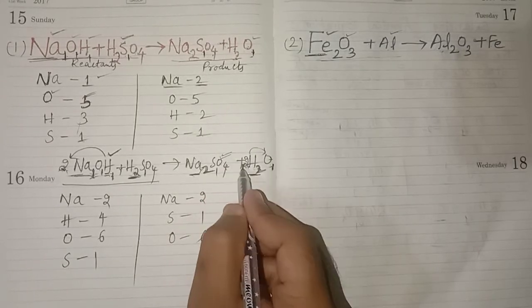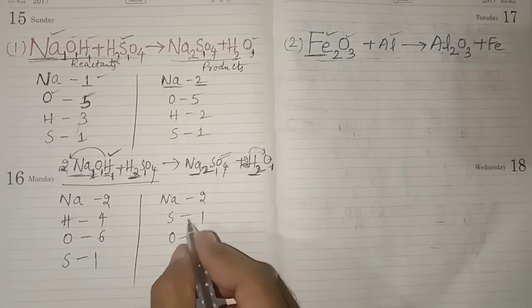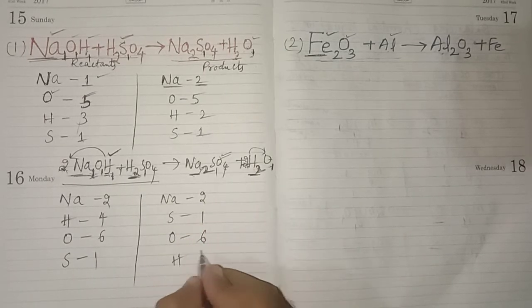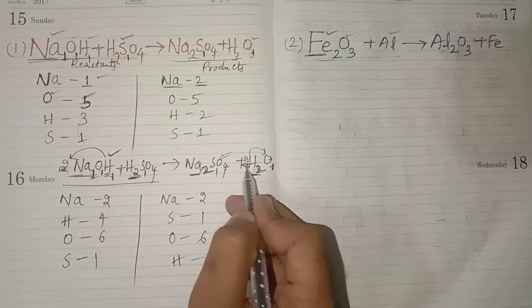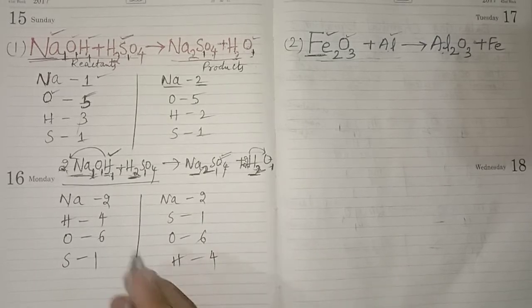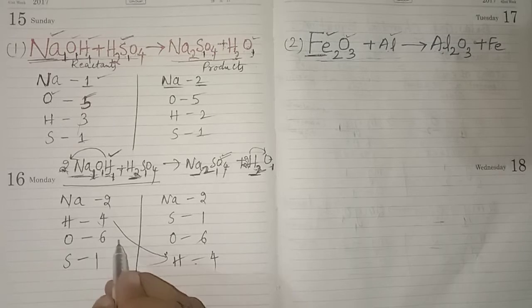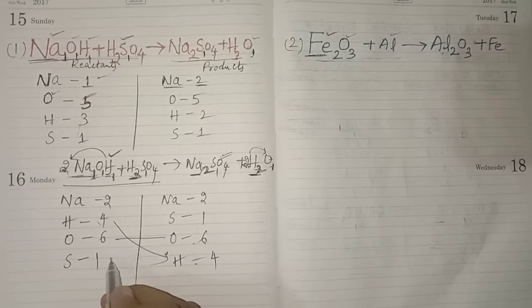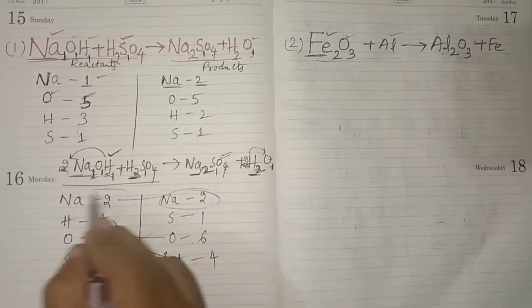So 2 plus 4, how much? 6. So oxygen is completed. Again hydrogen, how many hydrogen atoms are there? 2 into 2 is 4. So observe here: hydrogen 4, oxygen 6, sulfur 1, sodium 2.